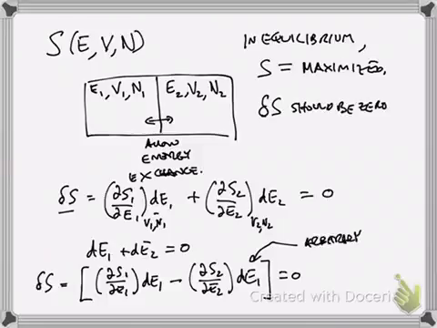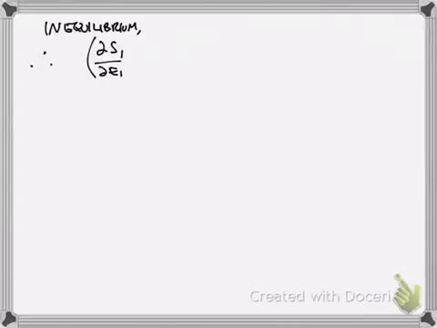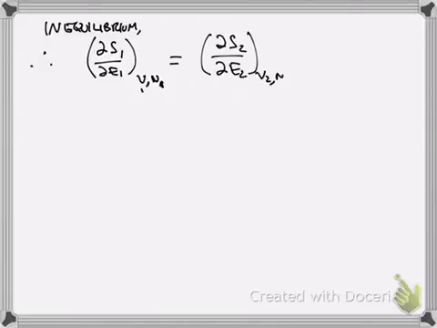then that implies, as we go on to the next slide, we have to have in equilibrium, therefore, partial S1, partial E1 at constant volume 1 and particle number 1 has to equal partial S2, partial E2 at constant V2 and N2.